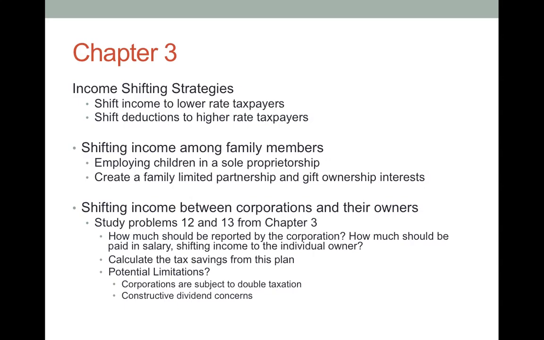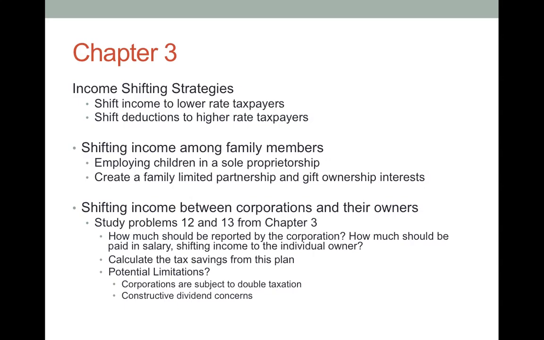The second potential limitation are constructive dividend concerns. So this strategy involves incorporating and then the corporation paying a salary to the individual owner. The limitation that you run into here is the IRS might disagree with you what that salary number should be.